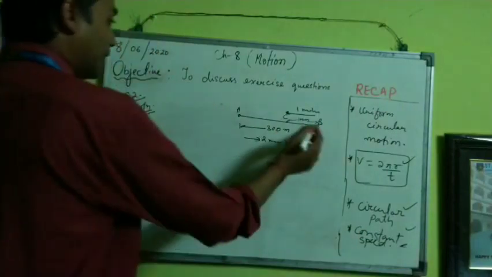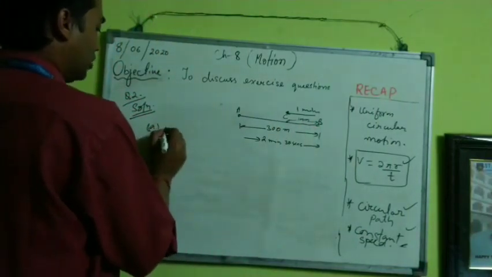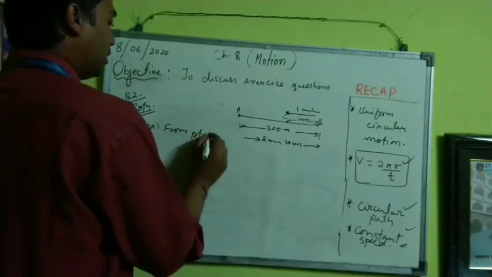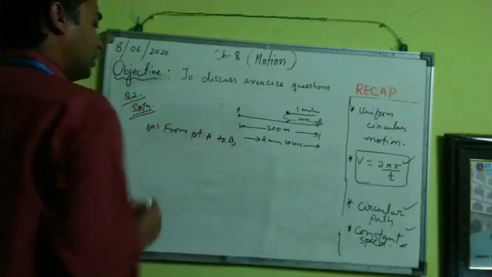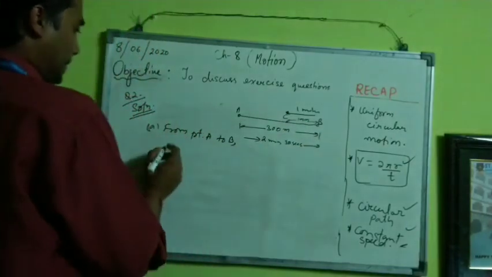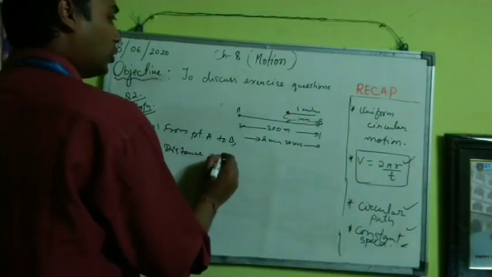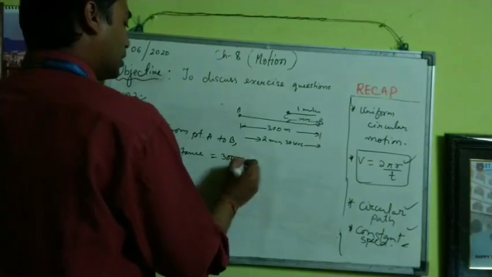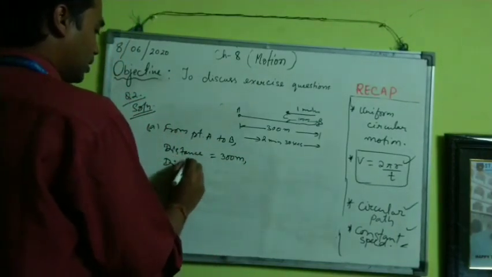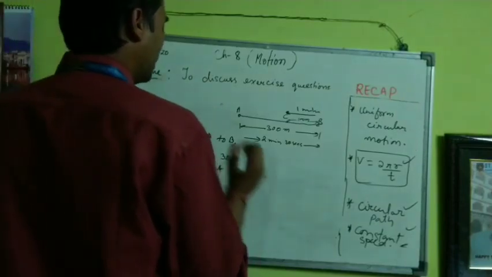Now let us find first of all from point A to B. From point A to B, what is the distance covered? Distance is equal to 300 meters, and also displacement will be the same, that is 300 meters.